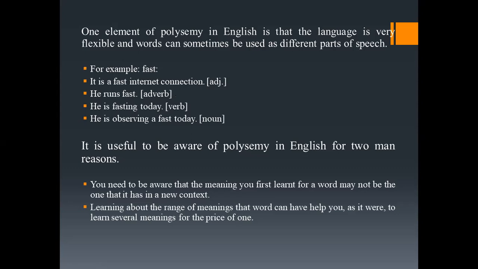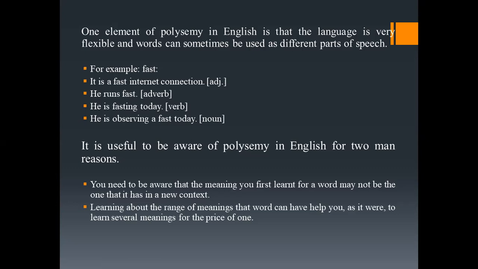Keep in mind that polysemy is very important for any word. So we must know about polysemy. Of course, we cannot go into detail of every word, but we should try to get as much knowledge as possible, especially about the words which we normally use.